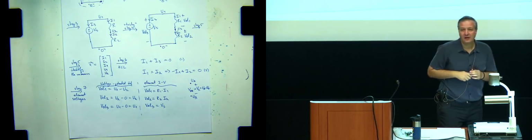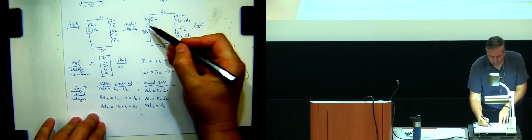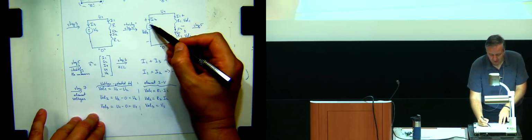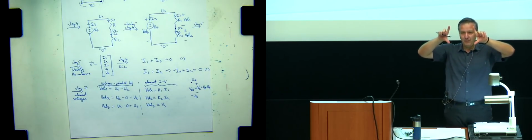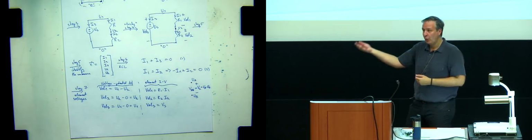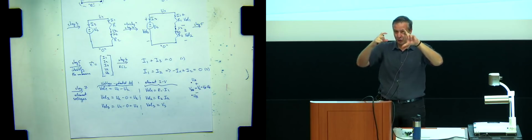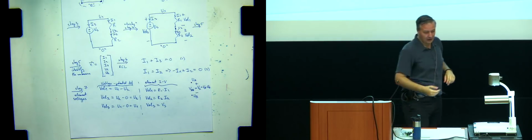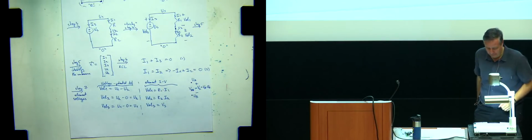Just for people who may be a little confused, the plus of V element 3 aligns with the plus of Vs, so they're both in the same orientation. That's why, if you go back to the definition of how we drew the element voltage versus the internal source voltage, when those matched, you get V element equals Vs.